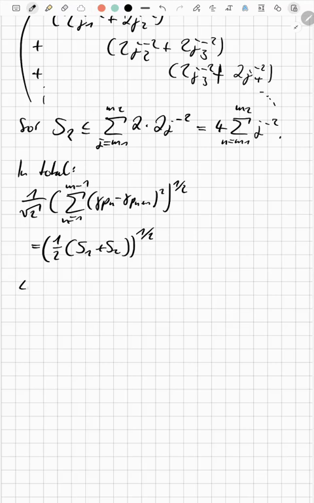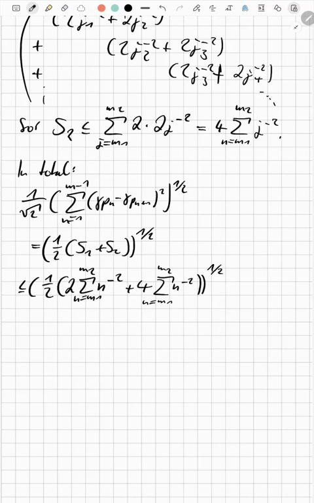So this is less than or equal to 1/2 of 2 times the sum of n going from m1 to m2 of n^(-2) plus 4 times exactly the same sum, all in the square root. And if you calculate this, this is the same as the square root of 3 times the sum, as n goes from m1 to m2 of n^(-2), all in the square root.